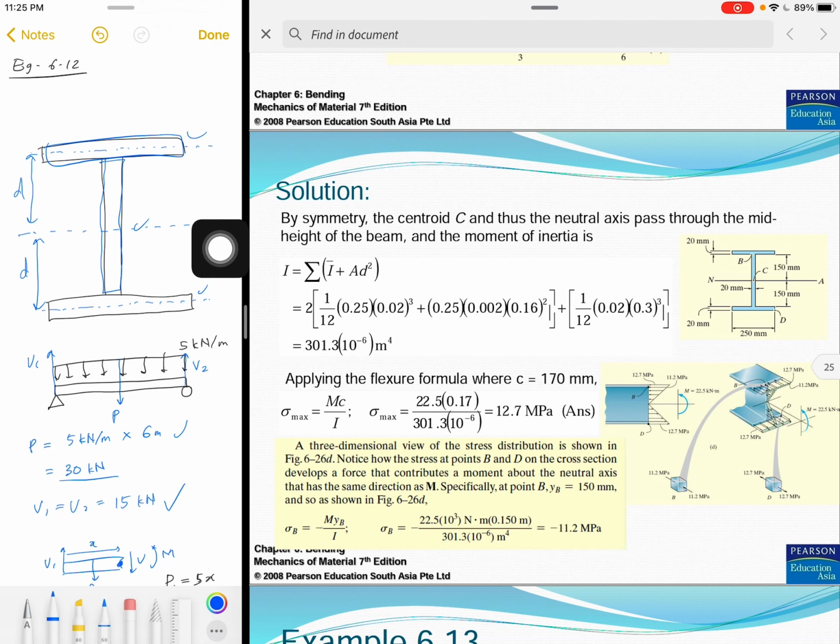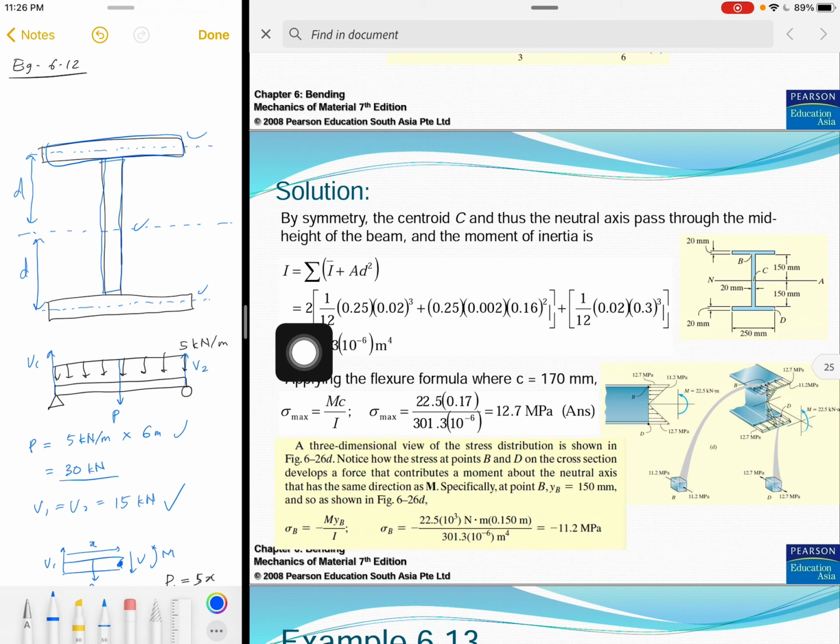How do I know the neutral axis is at the middle? Of course, because this is symmetrical, so I know that the neutral axis is at the middle. But in some cases, we don't know the neutral axis location, so in that case we need to find the location. So right now I'm just going to show you how to calculate that.